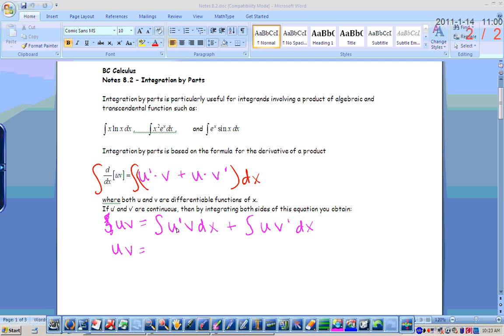All right, now the derivative of u with respect to x, instead of writing it as u prime, which is kind of a shortcut, I can also write it as du dx, and then times v times dx. And over here, when I took the derivative of v, I took it with respect to x, so v prime could be written as dv dx.